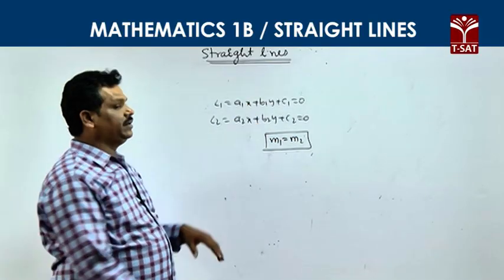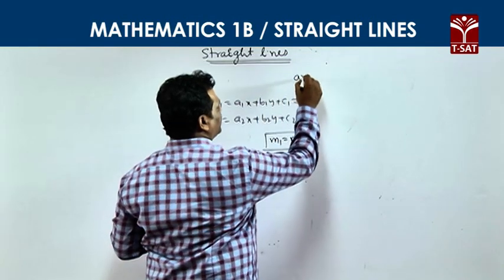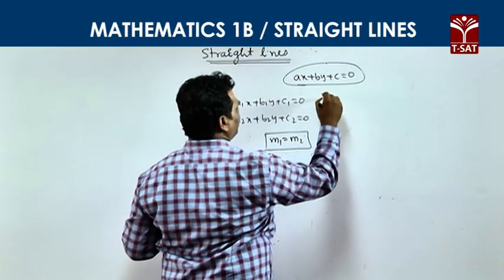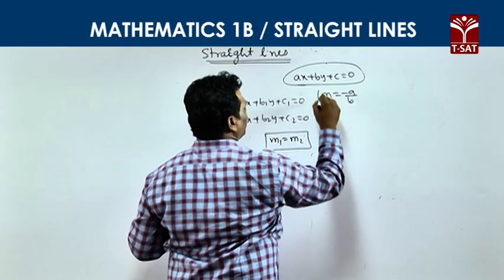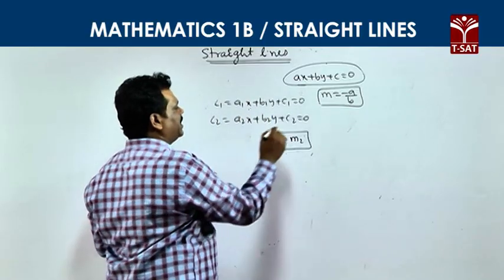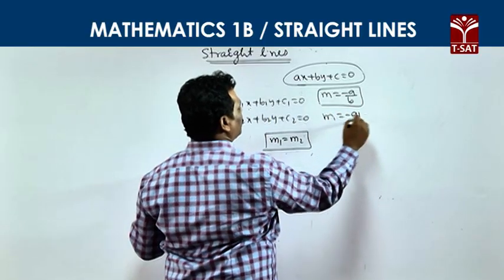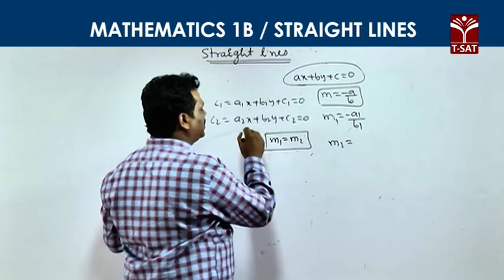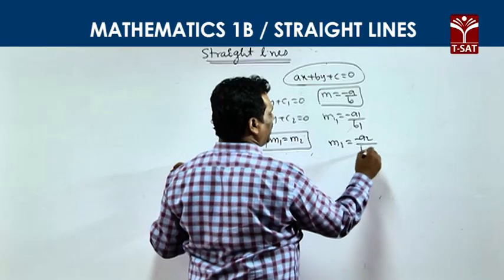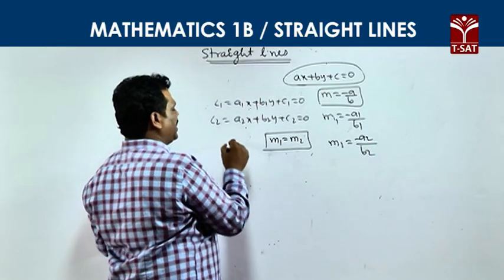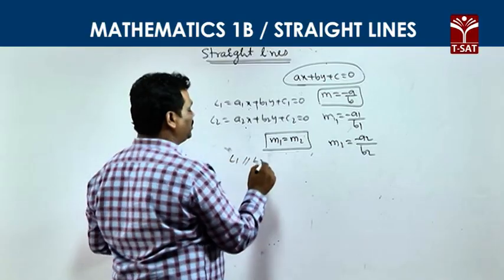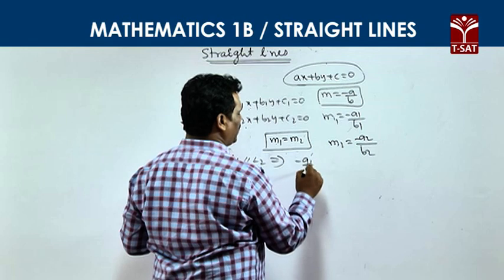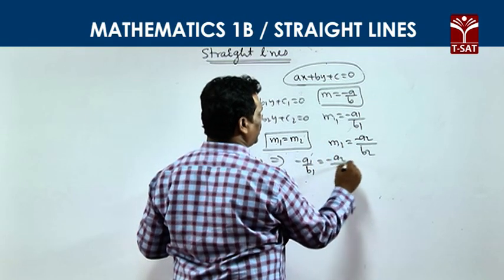What is the slope of the general equation ax plus by plus c equal to 0? The slope of the general equation of a line is m equal to minus a by b. Here the slope of the first line is m1 equal to minus a1 by b1 and the slope of the second line is minus a2 by b2. Substituting, given L1 is parallel to L2, then minus a1 by b1 equal to minus a2 by b2.